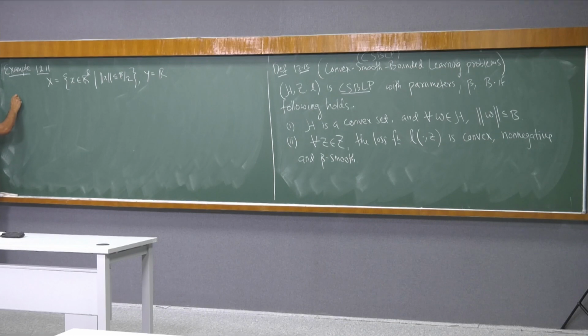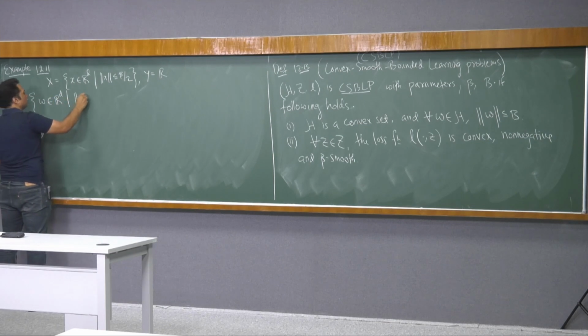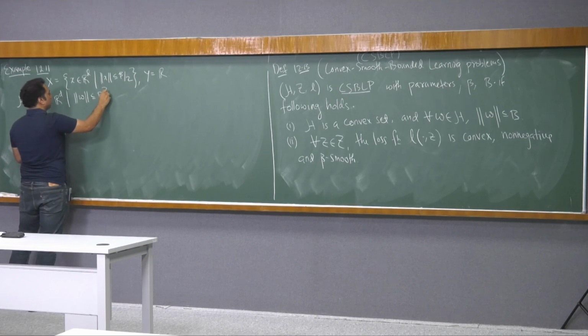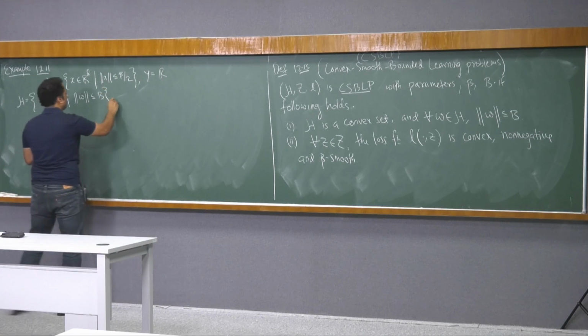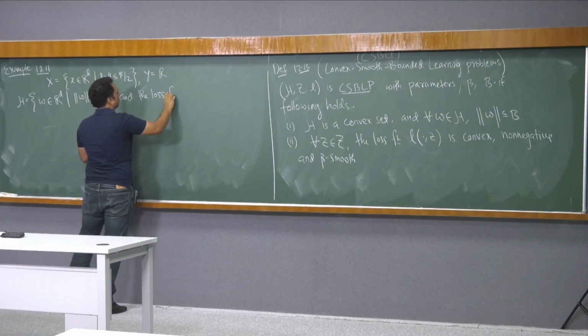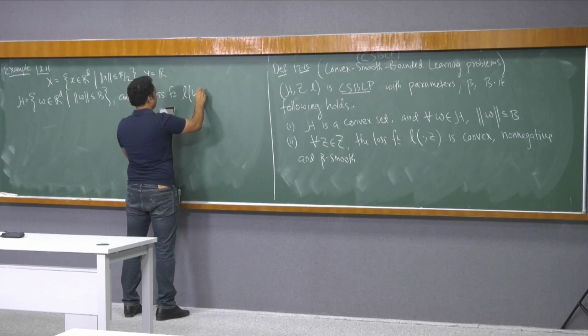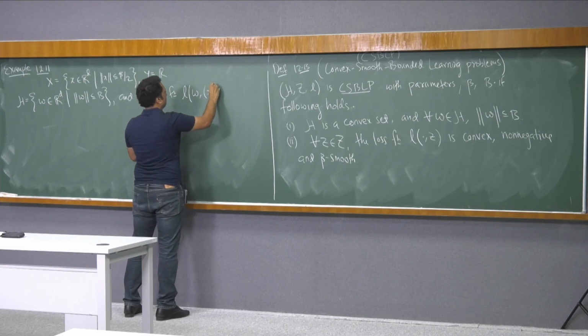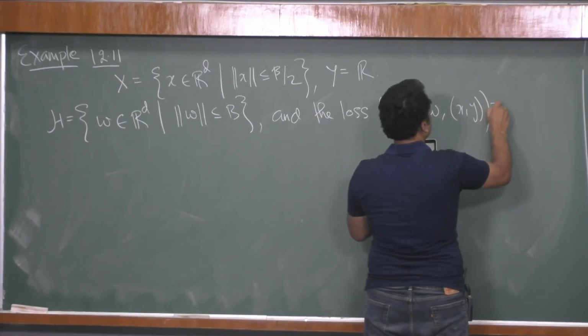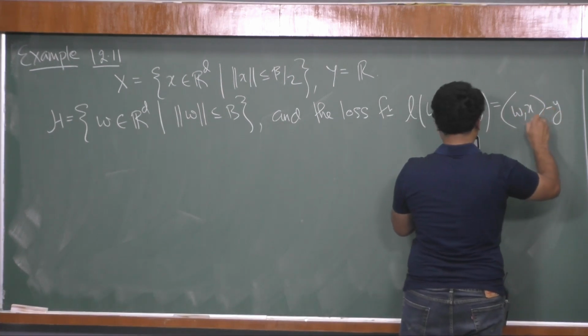Then H, the hypothesis class, is the set of all w in R^d such that the norm of w is bounded, and the loss function L(w, (x, y)) is (w·x minus y) whole squared.